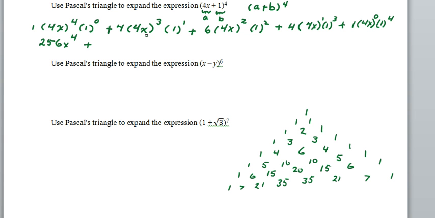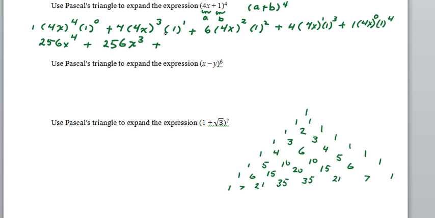Four cubed is equal to 64, but we're going to have a 64x to the third factor here, but that gets multiplied by 4, so we get 256x cubed times 1.